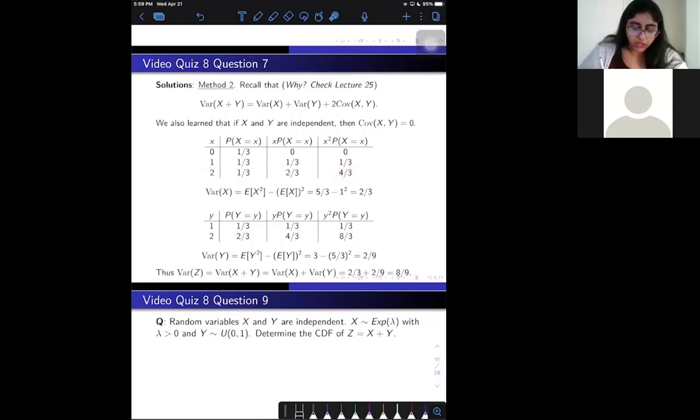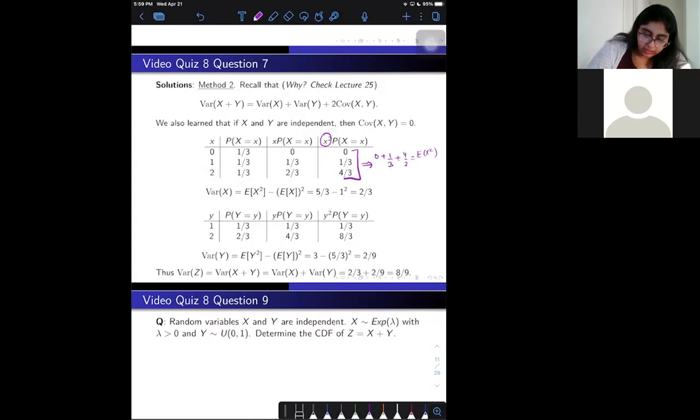Okay. Now we know the variance of X is just the expected value of X squared minus the square of the expected value of X. If we add these values, 0 plus 1/3 plus 4/3, this is our expected value of X squared because we're multiplying by X squared here.